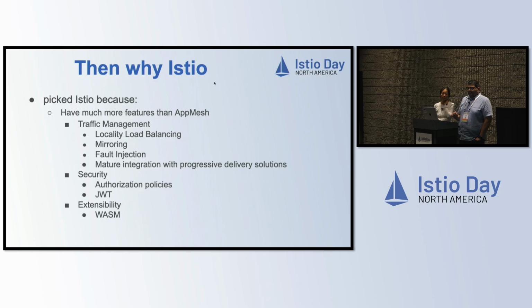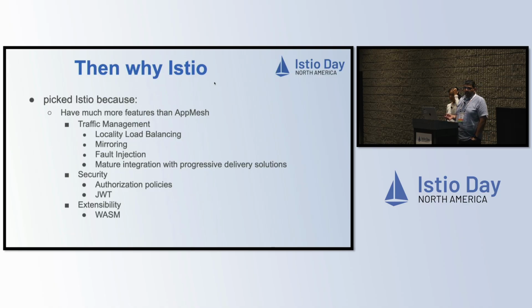In addition, Istio provided many more features than what we already have with AWS App Mesh. For example, in traffic management, it provides locality load balancing, mirroring, fault injection, and a mature integration with progressive delivery solutions like Flux and Argo CD.